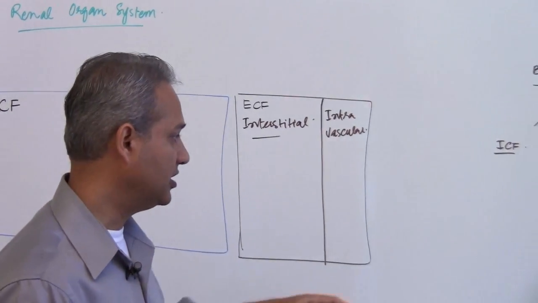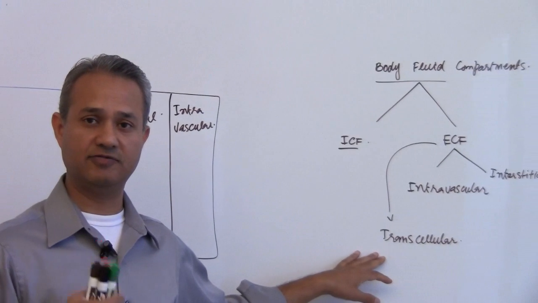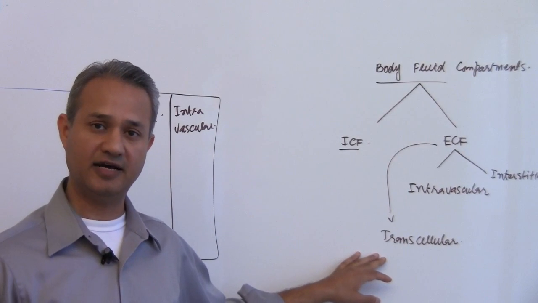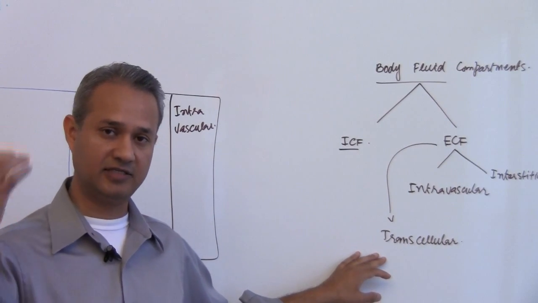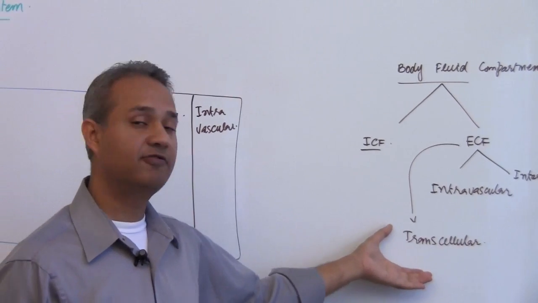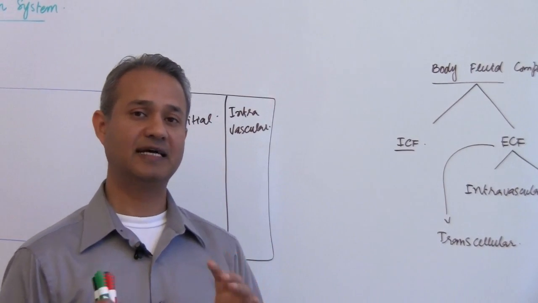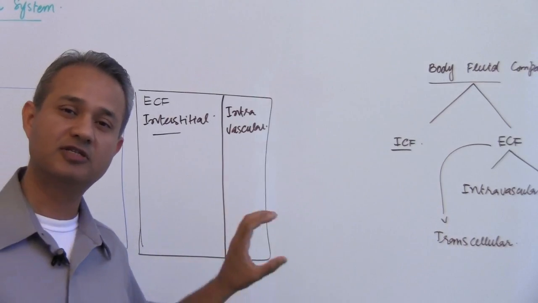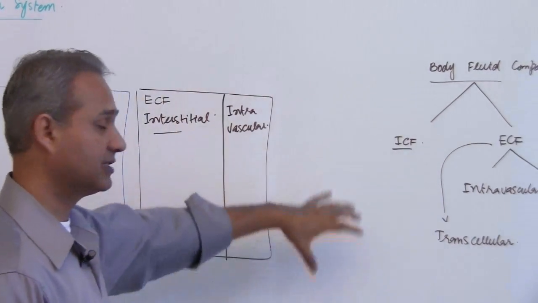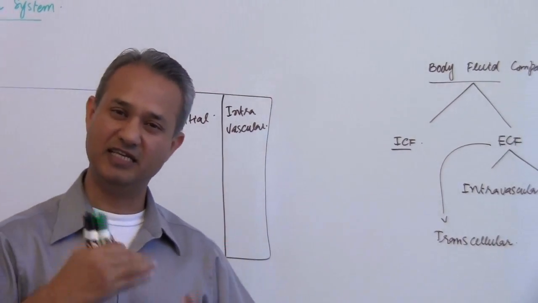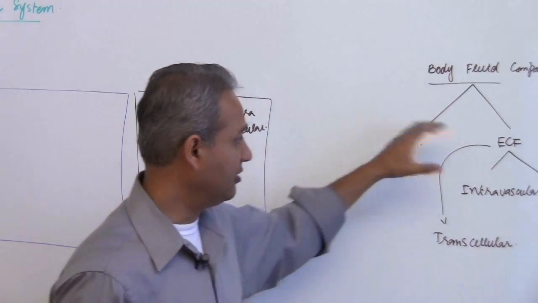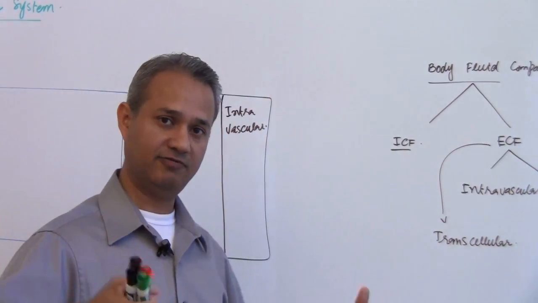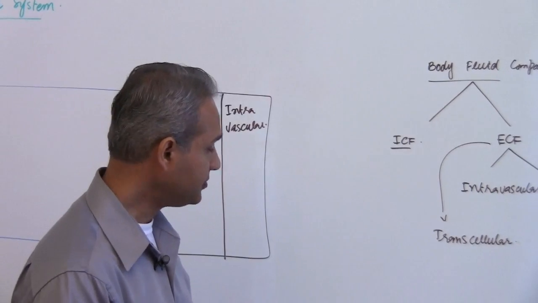That is really the fluid present in our joint cavities, the pericardial sac, the peritoneal sac, CSF, and so on. So that fluid all collectively is called the transcellular fluid. Usually not studied within the context of the body fluids, just because it doesn't change that quickly. But the remaining fluids, you would see that they would be shifting, increasing and reducing.